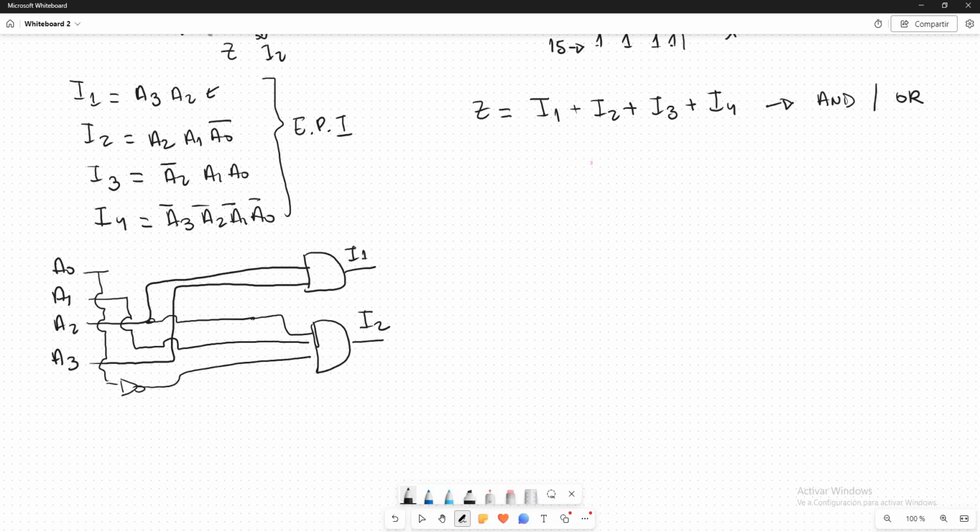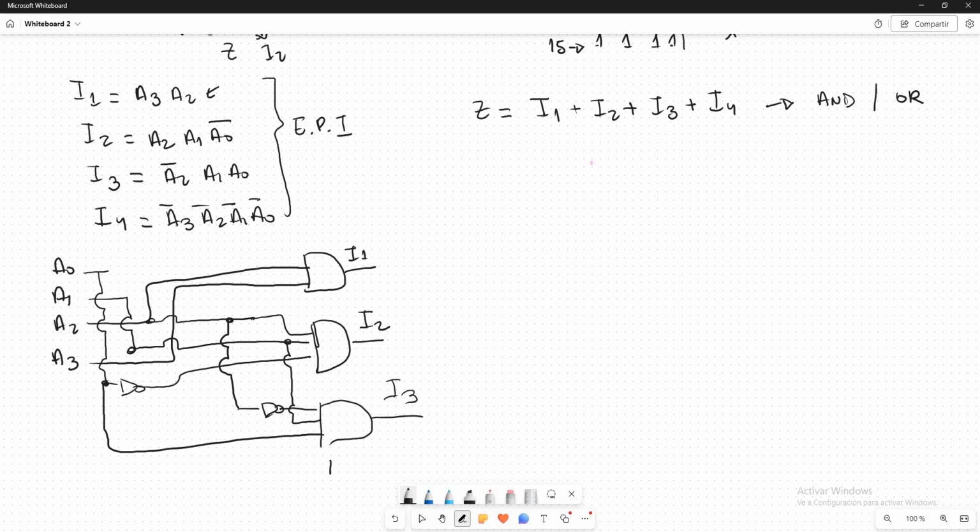The other implicant is implicant 3, that is going to be A2 negated, A1, I'm going to take it from here, and A0 not negated, so we can take it from here.